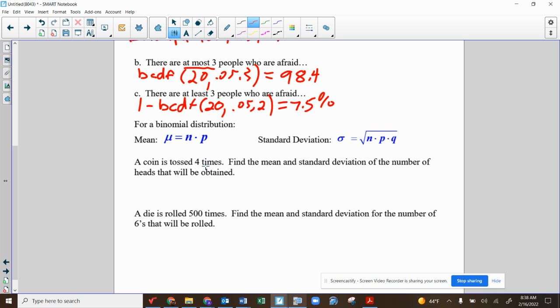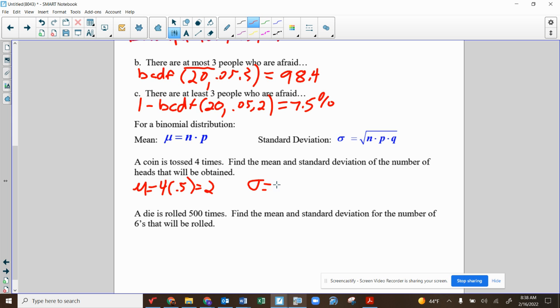So a coin is tossed 4 times. Find the mean and standard deviation of the number of heads that will occur. So it'd be heads and not heads. So you could do that as binomial. So for the mean, number of times you're flipping it is 4. Probability of getting heads would be 50%. So 2, which should make sense. You toss a coin 4 times, you would expect the average to be 2 heads.